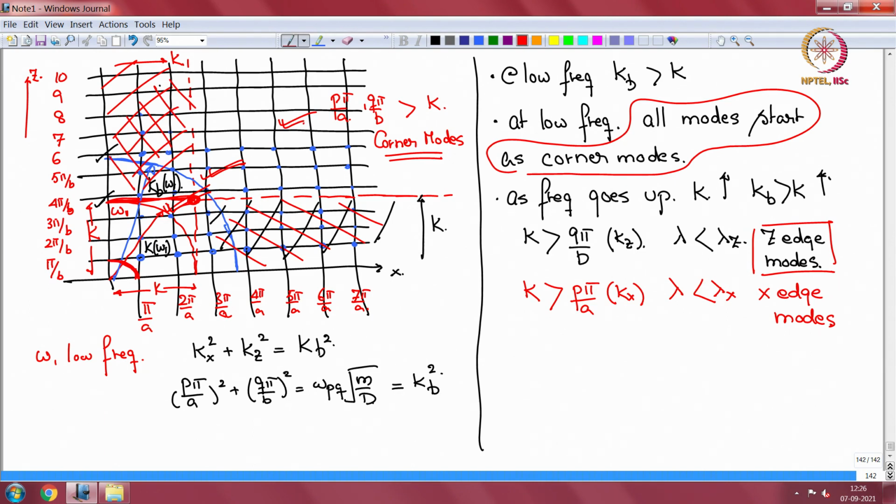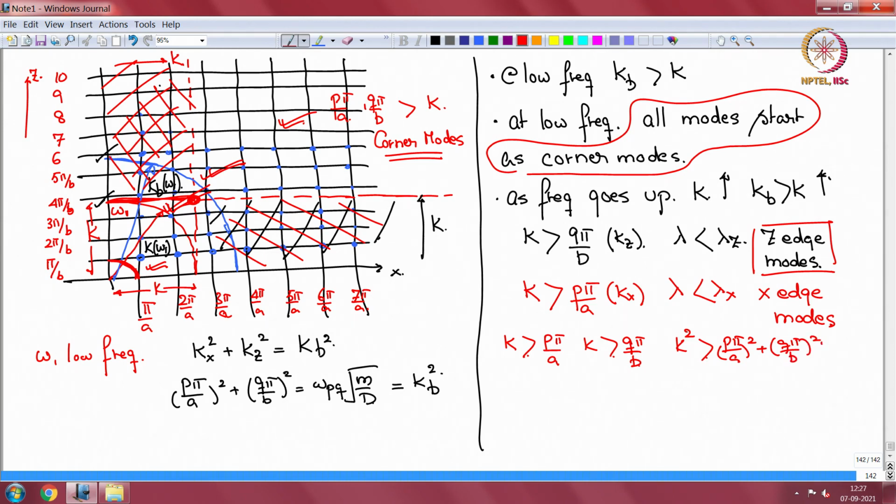Now there is this region over here where k is greater than p pi by a, it is greater than q pi by b, and also k squared is greater than (p pi by a) whole squared plus (q pi by b) whole squared.